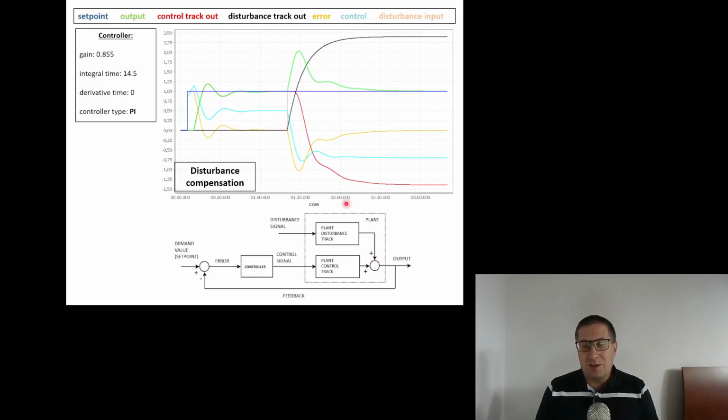So this is this signal. It increases the output of our plant, but on the other hand, the controller reacts to this, right? And tries to get the error back to 0.